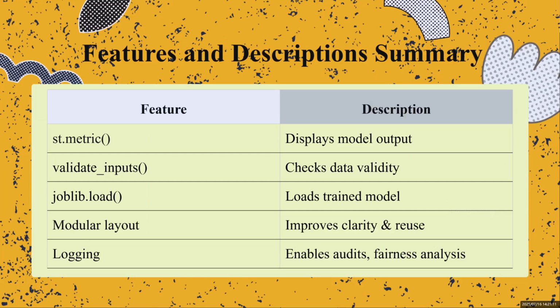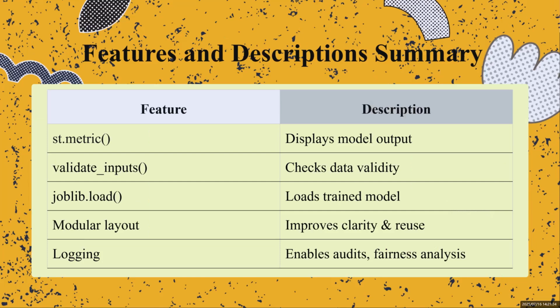Next on the slides will be the features and the description summary. In our feature, once we have the Streamlit metrics function, shortly known as st.metric, opening and closing brackets, this helps to display model output. The validate input function helps check data validity.